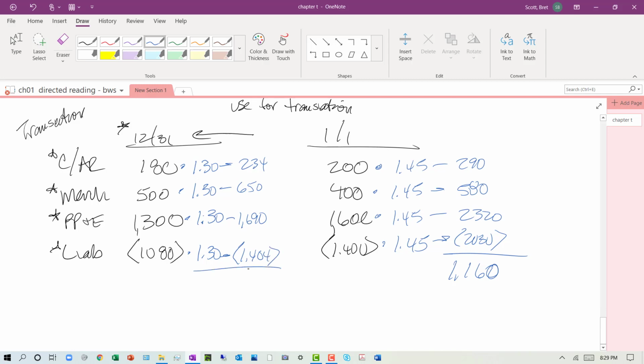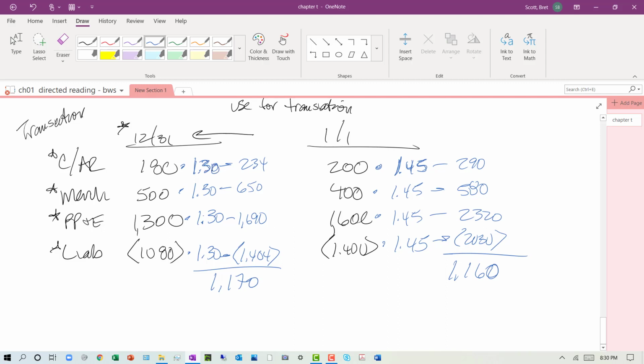I can see that sums up to 1170. Now, obviously, in this case, the change in the net assets is due strictly to the decrease in the exchange rate from 1.45 to 1.30.